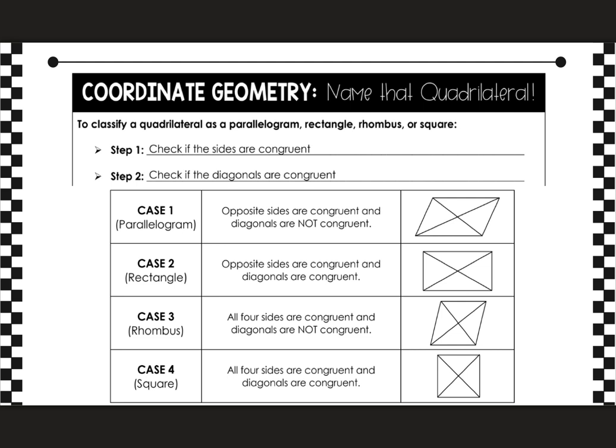The opposite sides are not necessarily congruent and the diagonals are not congruent. To find out if something is congruent, we're going to use the distance formula that we just learned, okay? And then we're going to check and see if these are congruent.